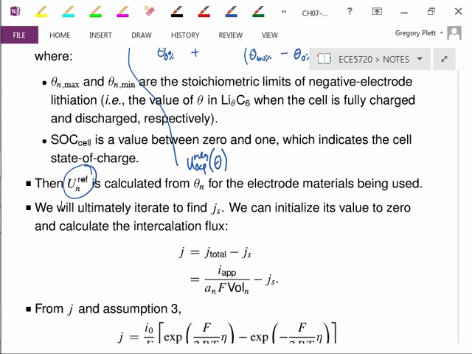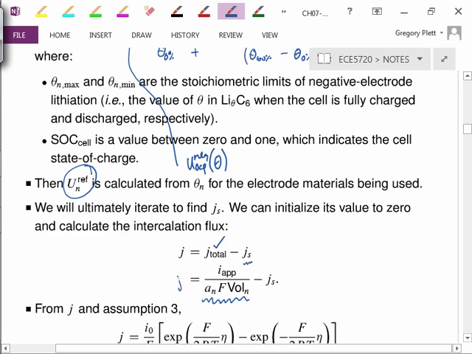So we would say, okay, J total I know because there it is. And Js for the time being will initialize to 0, and we will set J, the ideal reaction flux, equal to J total minus Js.